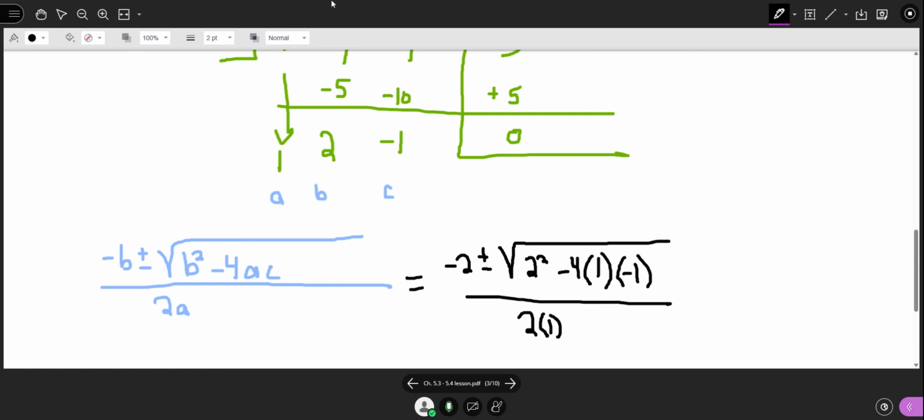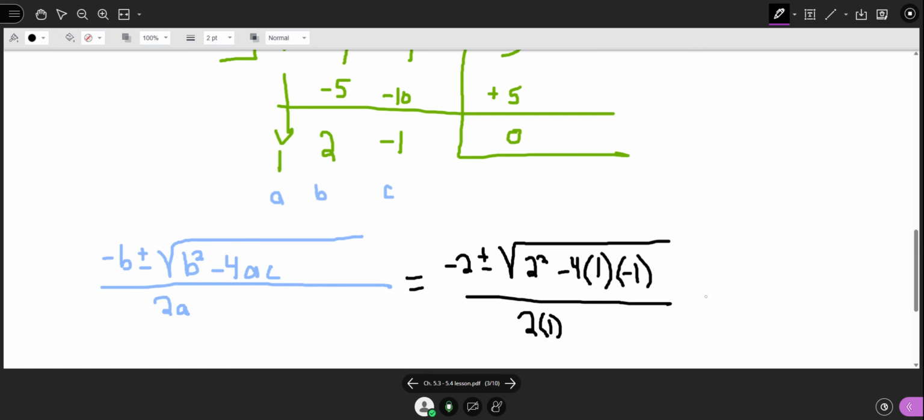Now we go to Desmos. 2 squared minus 4 times A times C, and that gives us 8. Okay.